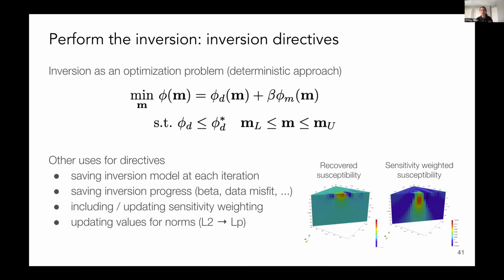This switching of parameters is also handled by a directive. So that's quite a number of examples, but the takeaway here is that a directive is basically anything that you want to be changing during the inversion or checking on values. It is used to orchestrate the inversion as it's running.